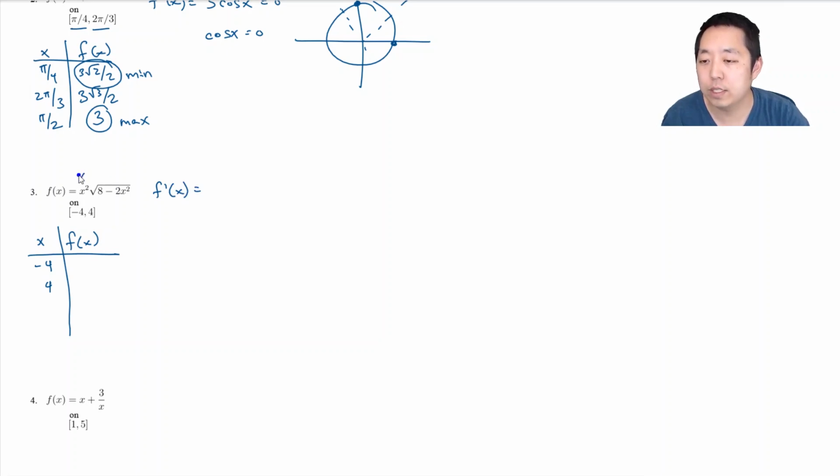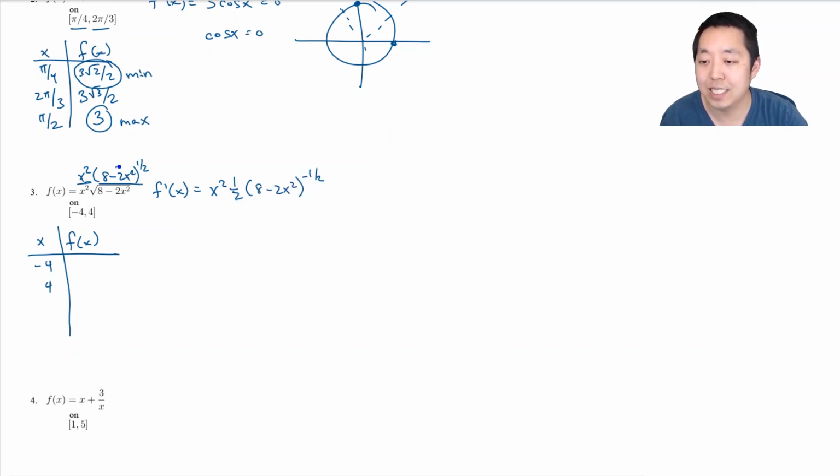Now, I'm going to write this as x squared times 8 minus 2x squared to the 1/2. That way I can apply the power rule correctly. And I'm going to apply product rule here with some chain rule. So the derivative is I take the x squared times the derivative of this one, which by power rule, I make it 8 minus 2x squared to the negative 1/2.